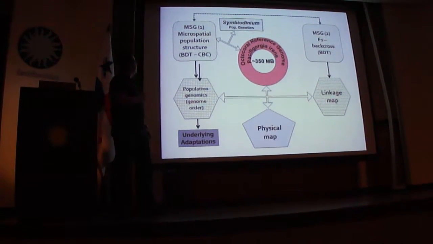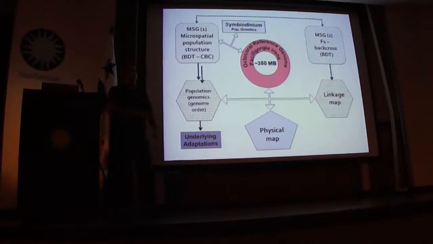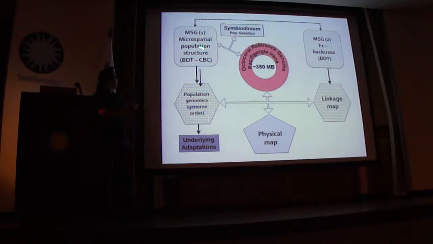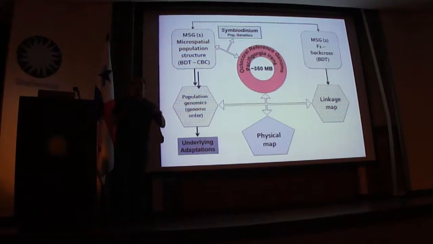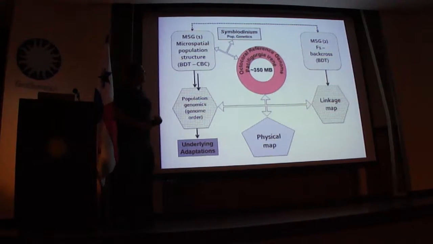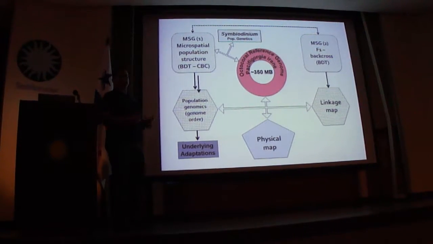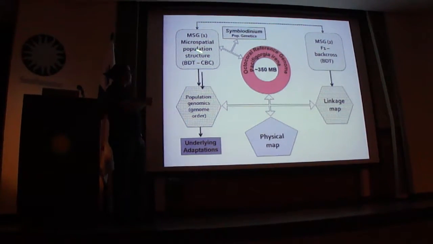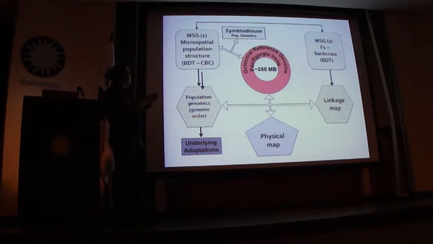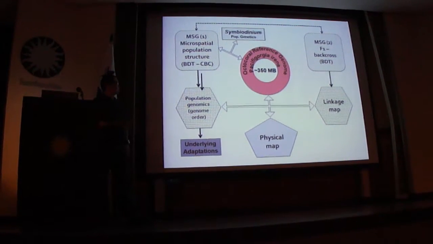And so I'm trying to assemble that, and I will do a first MSG library for the microspatial population structure. I hope I might be able to spot some naturally occurring F1s. So I will do a second library with F2 larvae, which I need to do during November. Using this, I might be able to filter Symbiodinium and coral and do, of course, genetics with Symbiodinium as well.